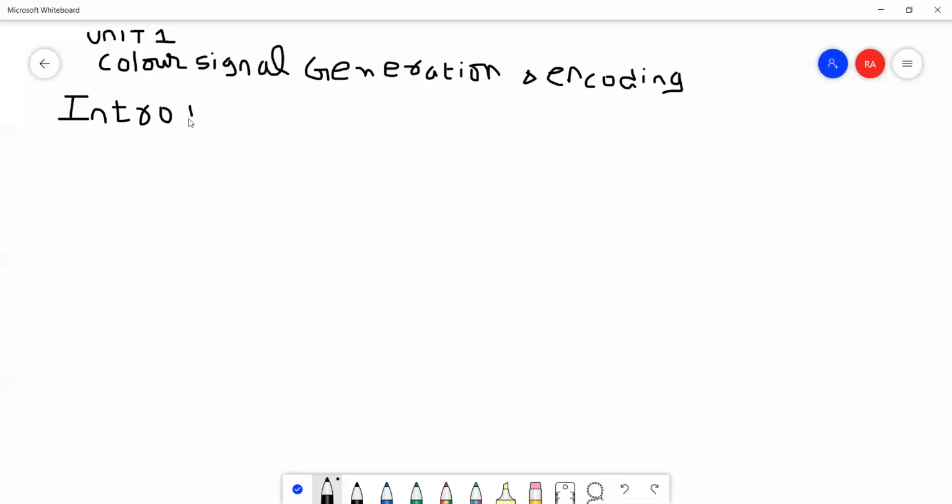So, introduction. First of all, the color TV system. What is the main feature of our color TV system?